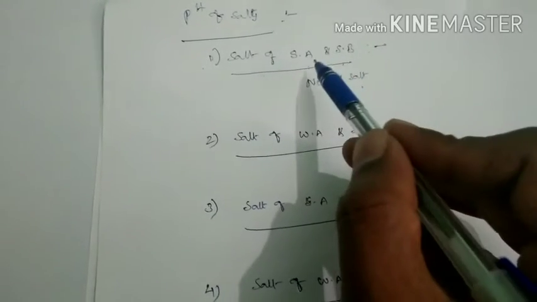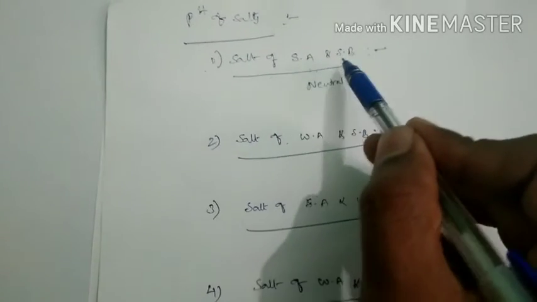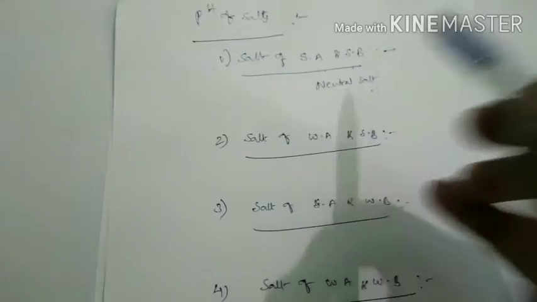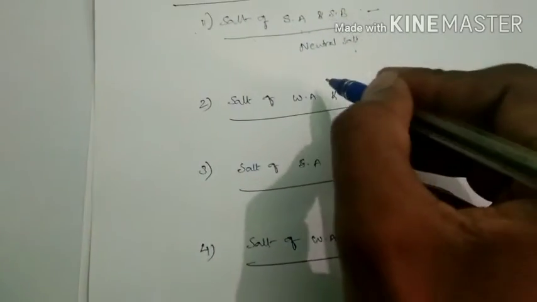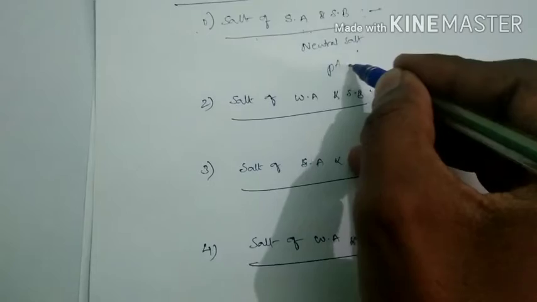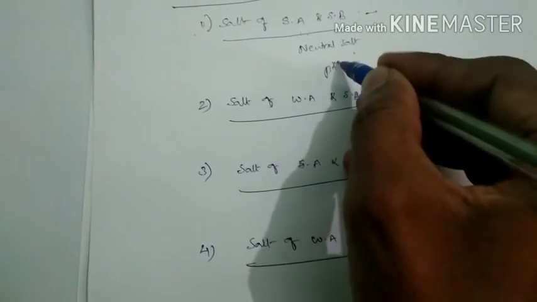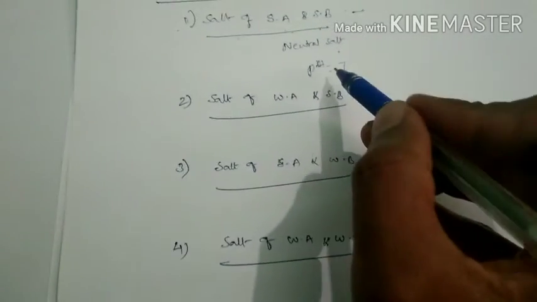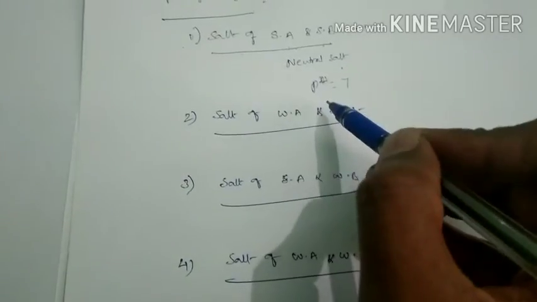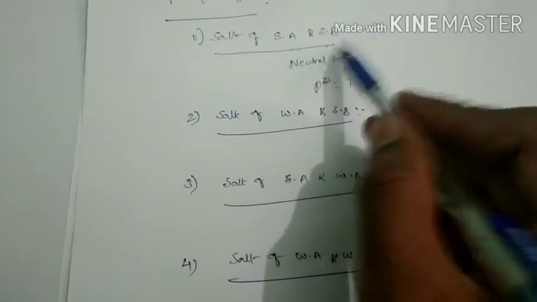Both means both acid and base are strong in nature. That is why this is called neutral salt. In such cases its pH value is exactly equal to 7, because both are strong. So this is about salt of strong acid and strong base.